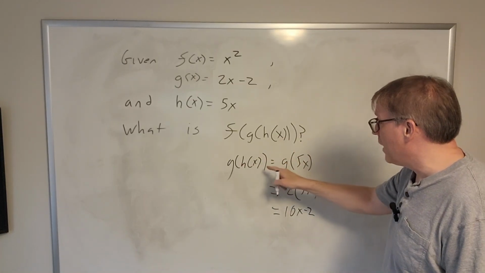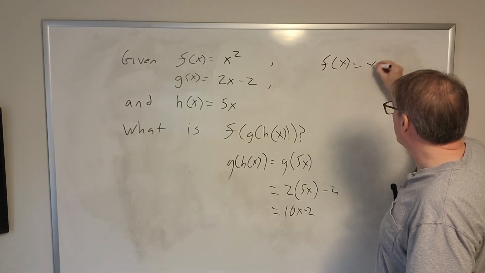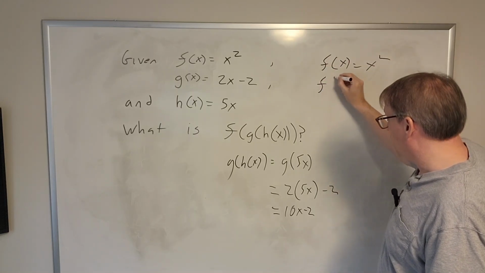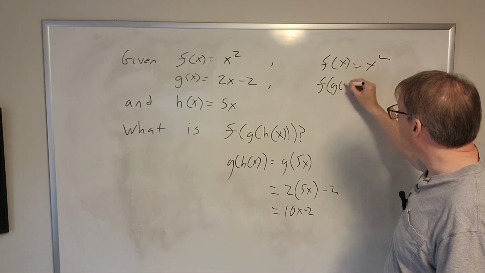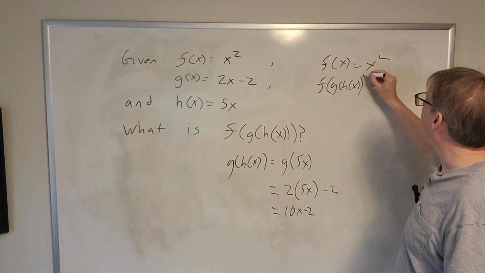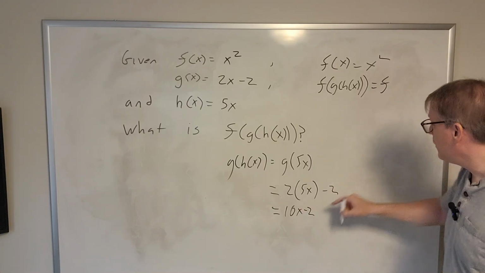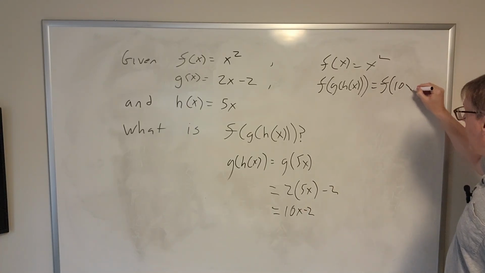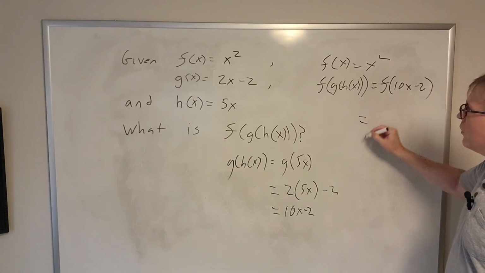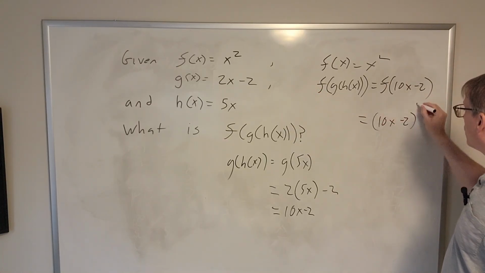So f of this guy is going to be, since f of x is equal to x squared, f of g of h of x is going to be f of 10x minus 2, which is just going to be 10x minus 2 squared.